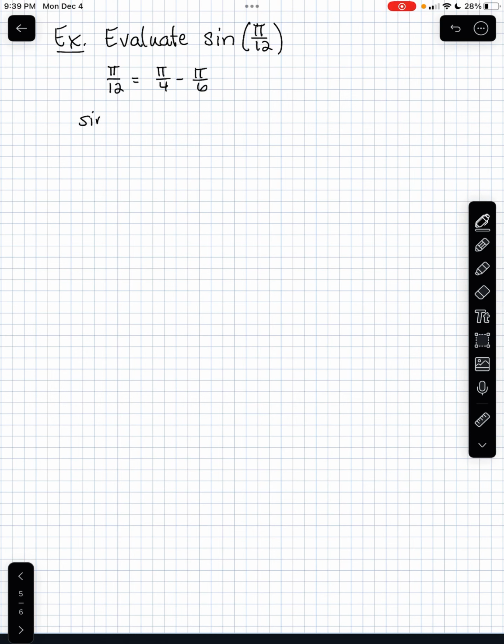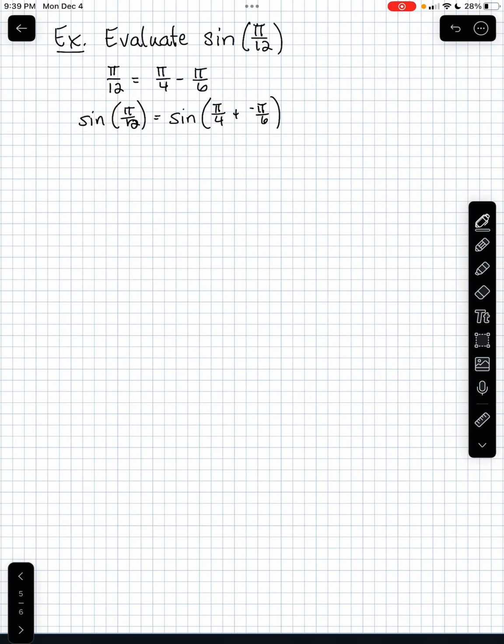Therefore, sine of pi over 12 we can do by doing the sine of pi over 4 plus negative pi over 6.